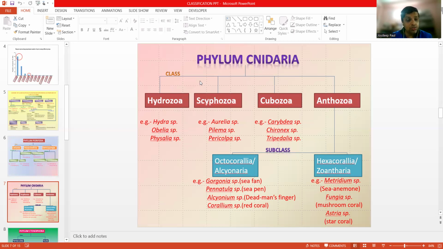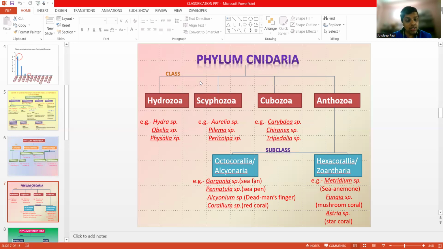Examples: Gorgonia species, which is commonly known as sea fan. Pennatula species, commonly known as sea pen. Alcyonium species, known as dead man's finger. Tubipora species, known as organ pipe coral, and Corallium species, known as red coral.